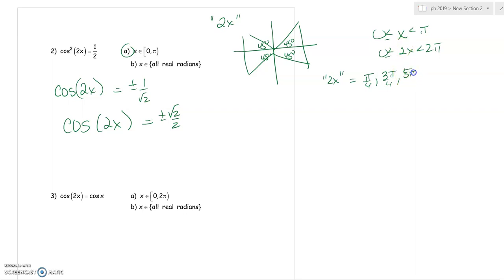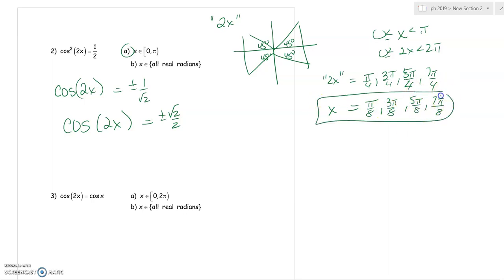And that's part A. For part B, we could say 2x is plus or minus pi over 4 plus 2 pi k. I'm sorry, actually you just have to say plus pi k, right? If you look at the picture, plus or minus pi over 4 plus pi k would give you all of those answers.